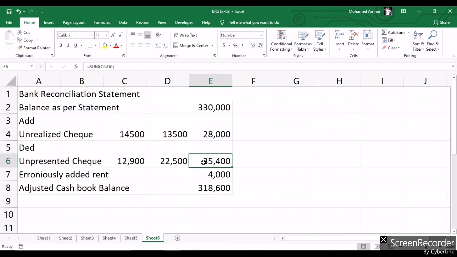When presenting that check, it should be deducted, and the bank should understand that it has erroneously added 4,000. That also should be deducted, right? So if one copy of this statement is sent to the bank, the bank will understand that it has made 3 errors, so the bank will correct it, right?